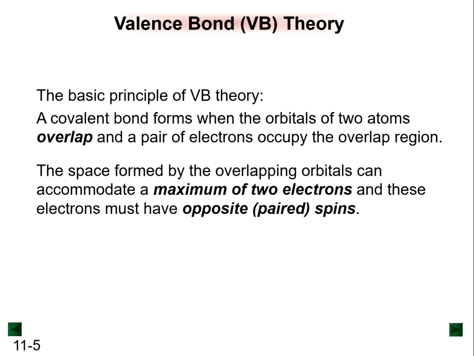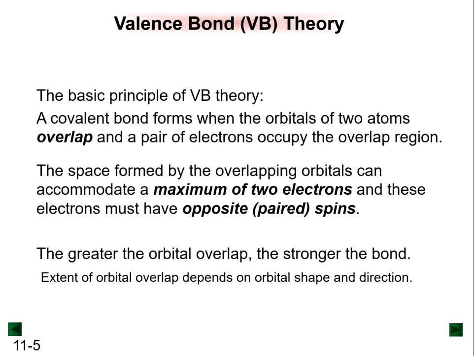The space formed by the overlapping orbitals can accommodate a maximum of 2 electrons, and these electrons must have opposite spins. The greater the orbital overlap, the stronger the bond. And the extent of orbital overlap depends on the orbital shape and the orbital direction.